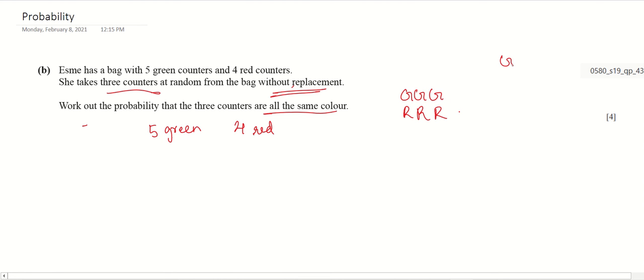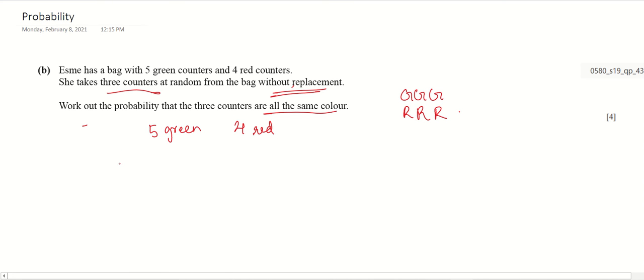If it was G, R, G, you could differ and write it as R, G, G, or G, G, R. But right now you have three counters that are all green, green, green, and red, red, red. So you don't really have any order to care about, right? So it will be just one order.